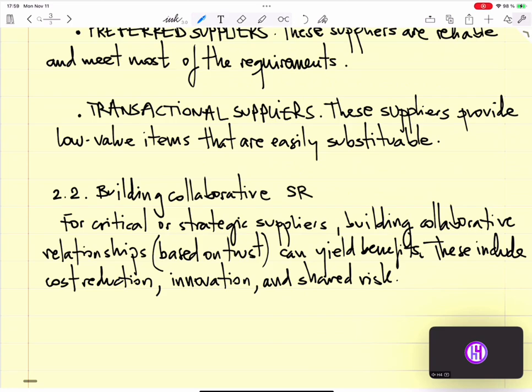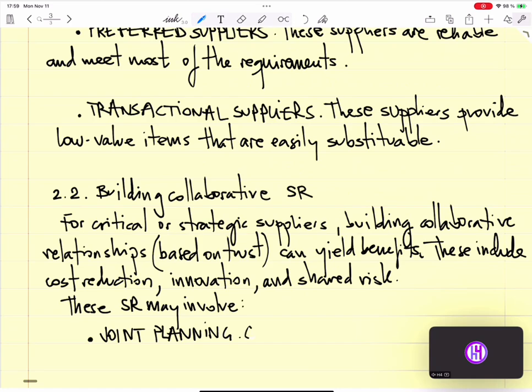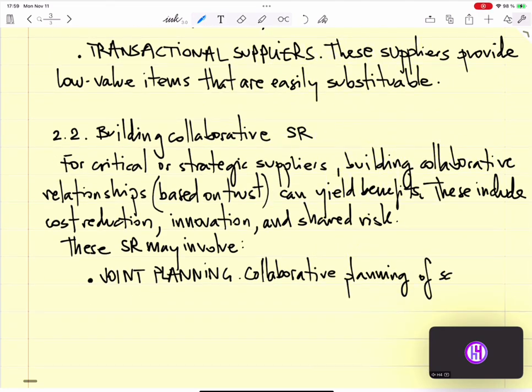So supplier relationships may involve the following: joint planning, okay, so we have some collaborative planning of schedules, product development, demand forecasting.